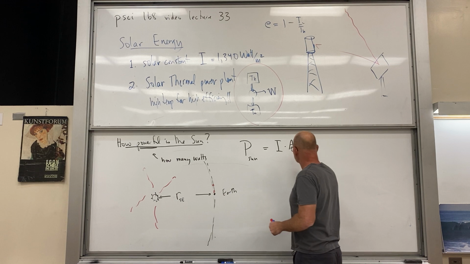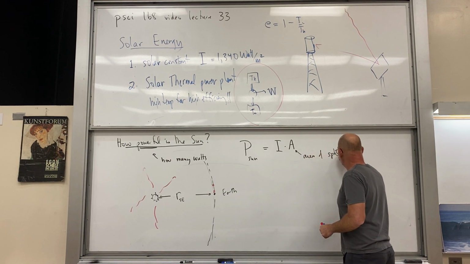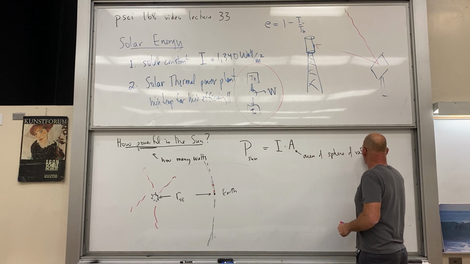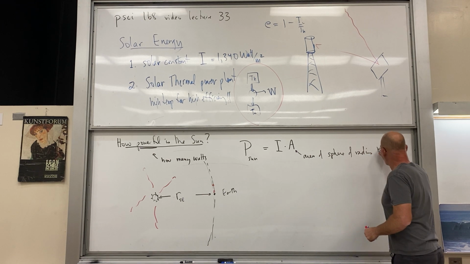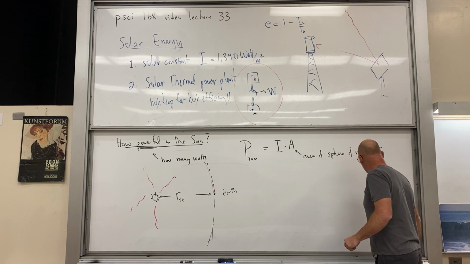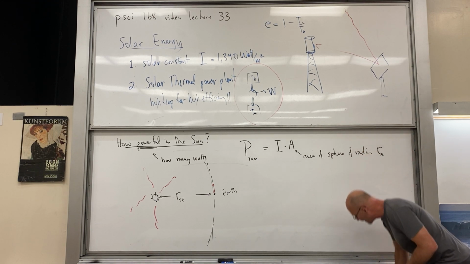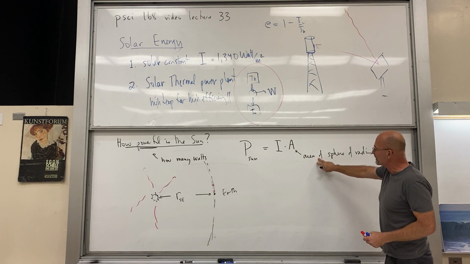So solar constant times the area of a sphere of radius R sub SE. I'm calling it RSE. Surface area of this sphere here.